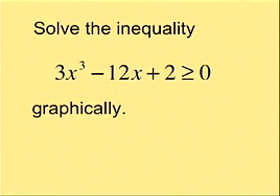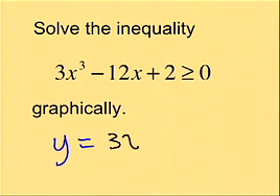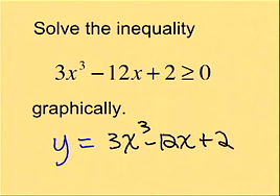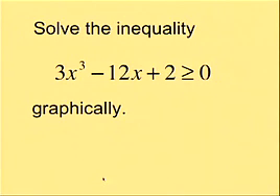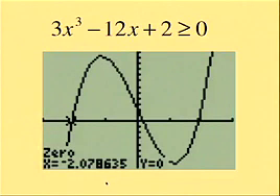So again, what we would enter into our graphing calculator is in the y key, we would enter y equals 3x cubed minus 12x plus 2, and then press the graph key, and lo and behold, this is the graph that we would get. We're interested in when is it above the x-axis, that is when it's at the x-axis or above, that is when is it greater than or equal to 0.